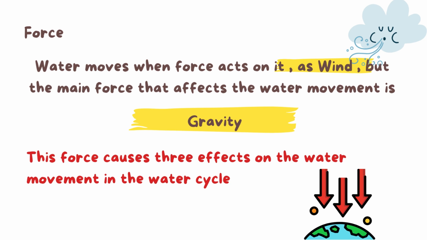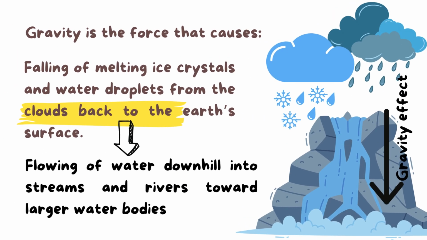The first one is very easy: the falling of rain or melting ice crystals as sleet from the clouds back to the earth's surface is according to the gravity effect, and this causes the flowing of water downhill into streams and rivers toward larger water bodies as oceans or seas.